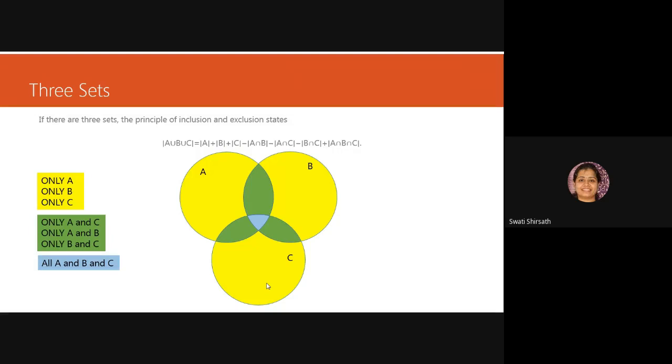So that time we will add the values of only these yellow portions. Okay, so these three values we will add, and we will say that these many students are learning only maths, only physics, and only chemistry.